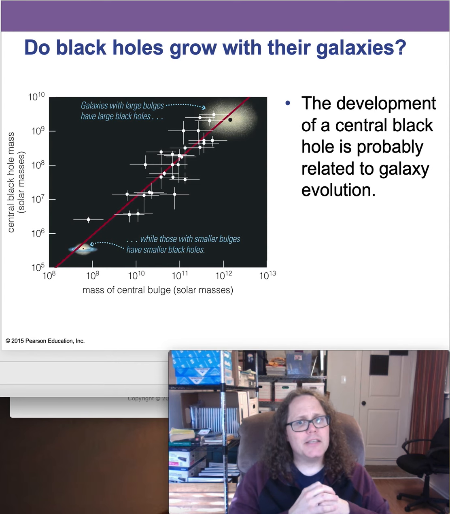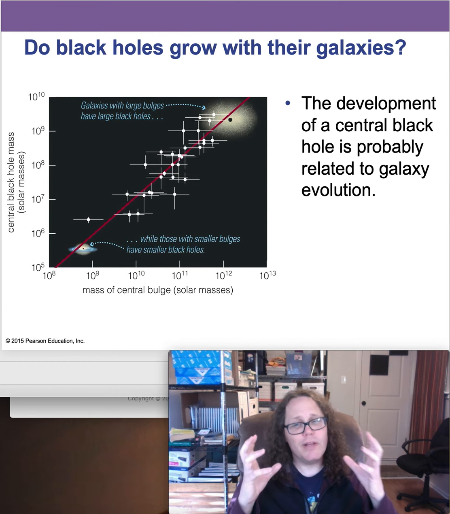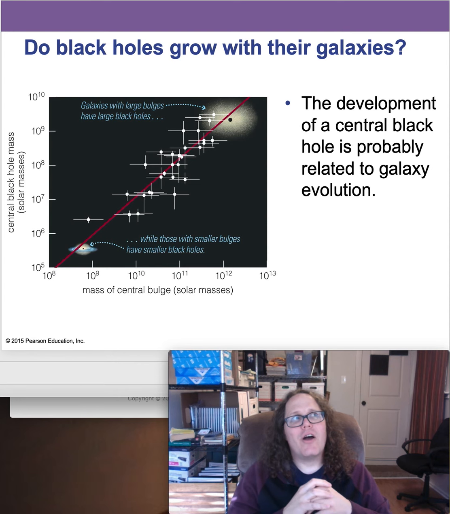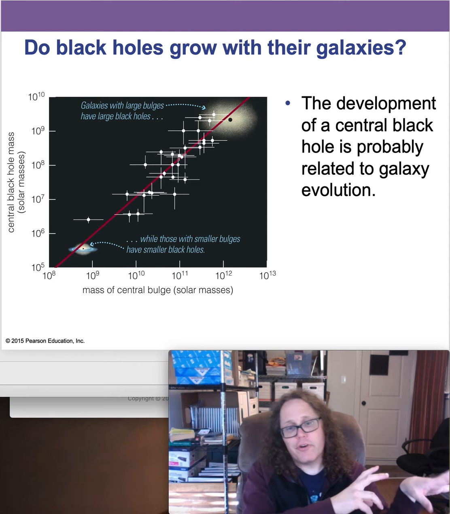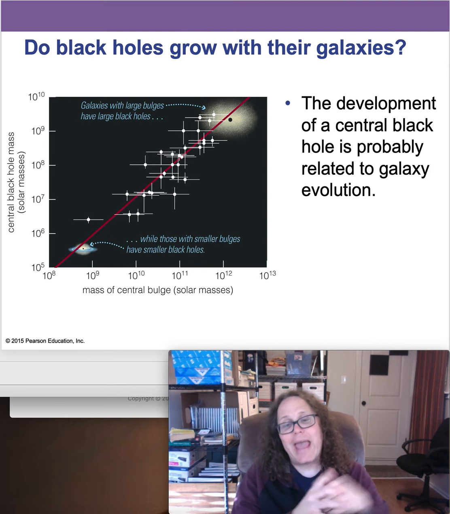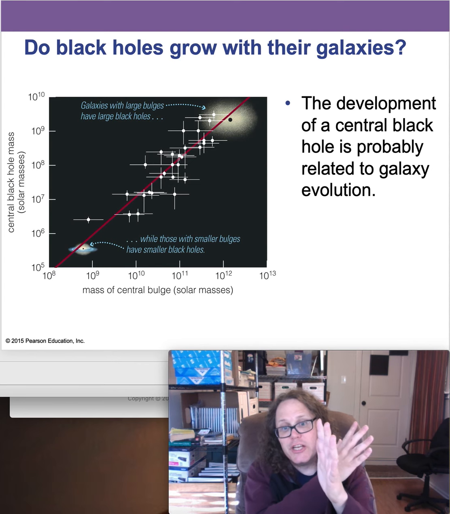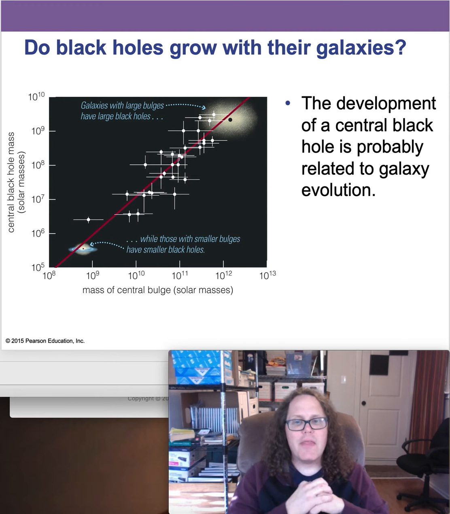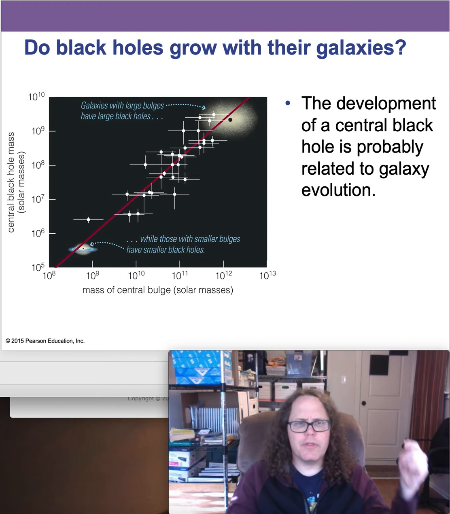So if black holes grow slowly along with their galaxies, you'd have to explain why it is that some are already fully formed. So there is an alternate hypothesis that black holes formed first, shortly after the Big Bang, through gravitational waves smashing into each other is one possibility, though there are several hypotheses here. And then galaxies grew up around the black holes.